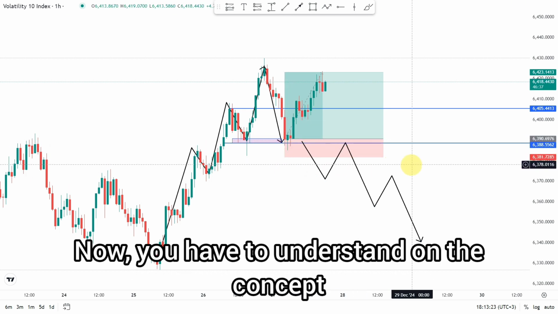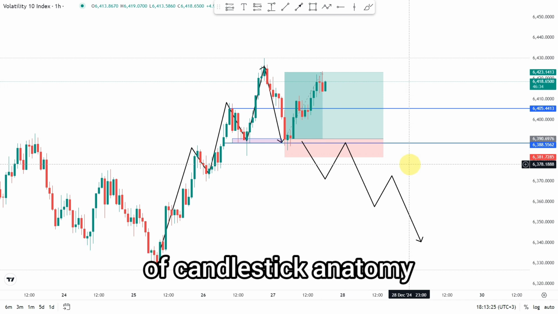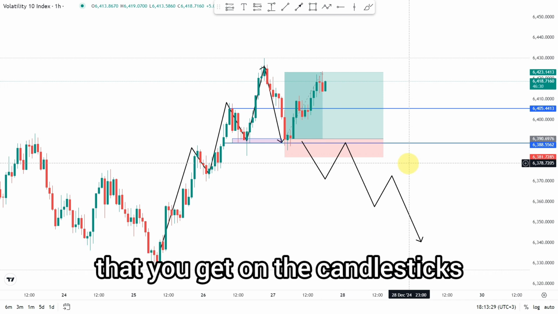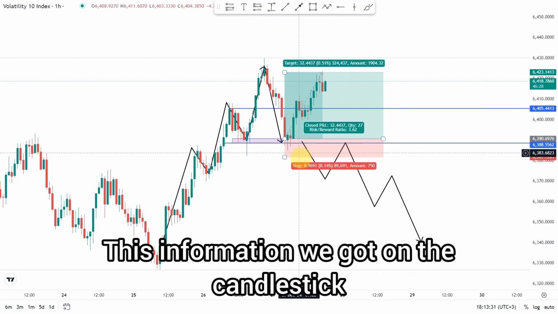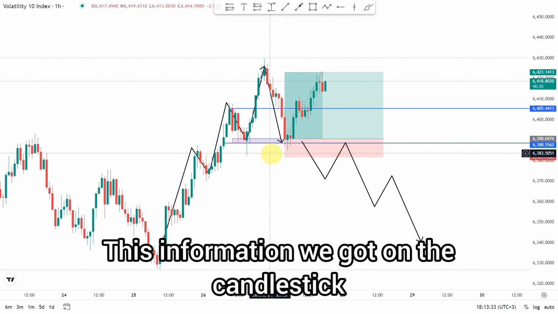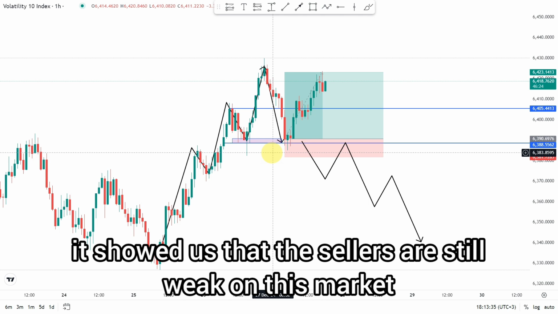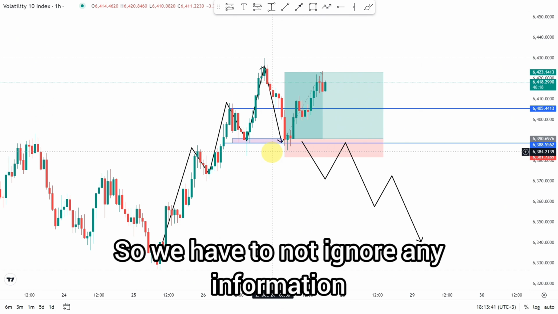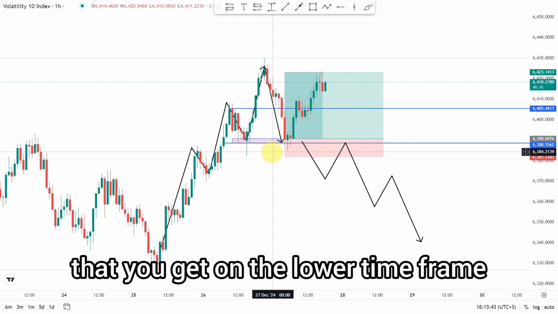Now you have to understand the concept of candlestick anatomy, you have to understand the information that you get on the candlesticks, all right? This information we got on the candlesticks showed us that the sellers are still weak on this market. So we must not ignore any information that we get on the lower time frame.